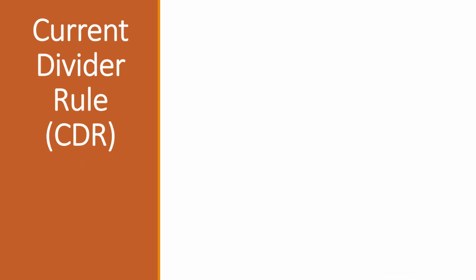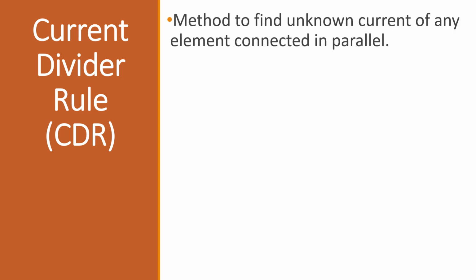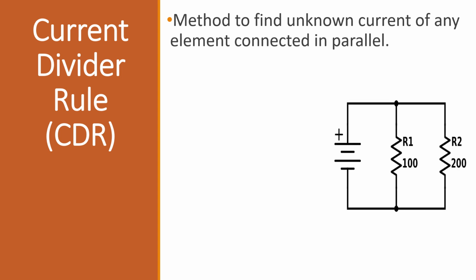Now what is the current divider rule? It is the method to find the unknown current of any element connected in parallel. It is used when there is no clue of voltage. Now look at this configuration.